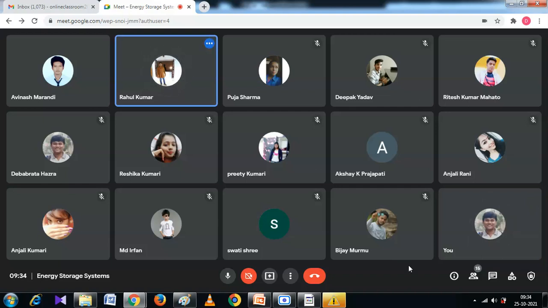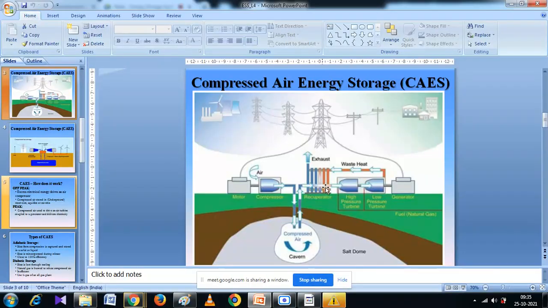Okay. And what kind of heat exchanger is used here? There, I show you in the diagram. There are two types of heat exchanger there. Have you seen that?